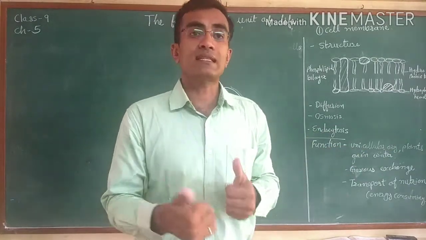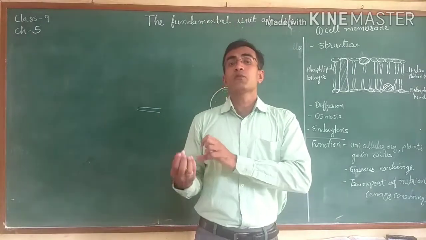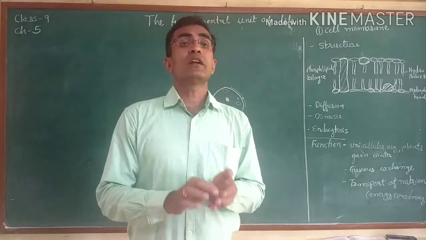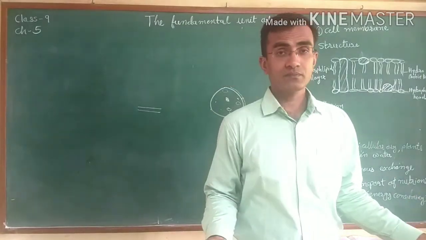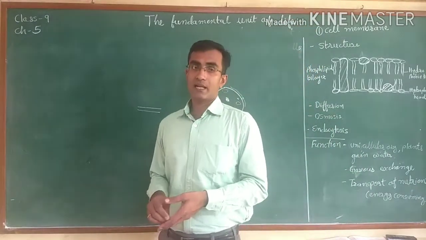That is gas. The gaseous substances which get transferred from higher concentration to lower concentration, that is called diffusion. Now what kind of gas needs to be transferred? Those are oxygen and carbon dioxide.